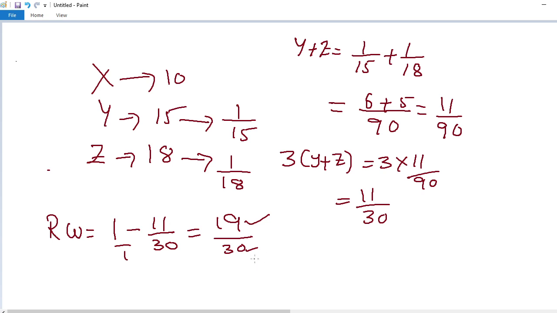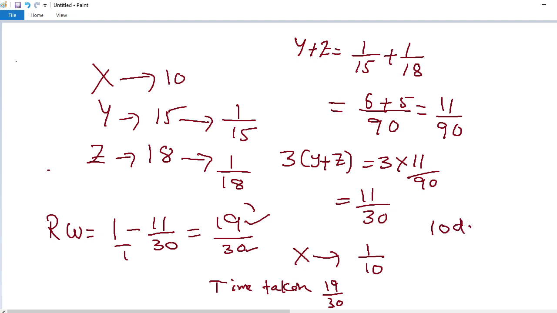But X completes the work within 10 days, so X's 1 day work is 1 by 10. Time taken by X to complete 19 by 30th of the work: X completes the entire work in 10 days.